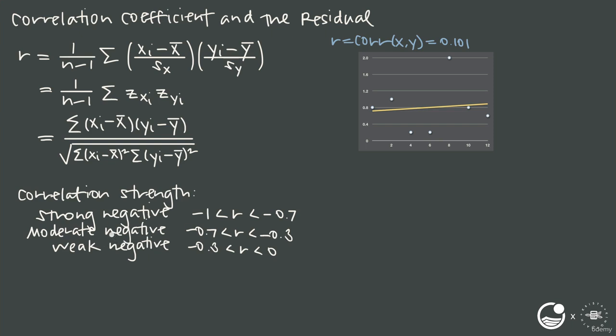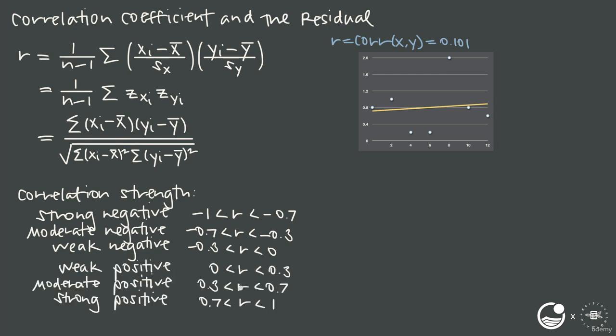And then if the correlation coefficient is between -0.3 and 0, we would call that a weak negative correlation. And then we have the mirror image of those relationships on the positive side. So between 0 and 0.3, we have a weak positive correlation. Between 0.3 and 0.7, a moderate positive correlation. And between 0.7 and 1, a strong positive correlation. So our correlation coefficient of 0.101 would fall within this range right here. And so we would say that this data has a weak positive correlation.